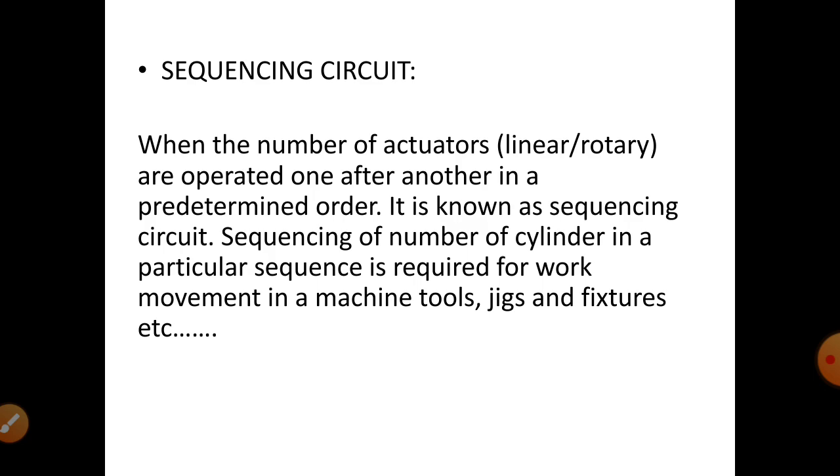Sequencing of a number of cylinders in a particular sequence is required for work movement in machine tools, jigs, and fixtures. So that type of circuit is a sequencing circuit. In a simple way, a number of actuators are operated one after another in a predetermined order. It is known as a sequencing circuit.